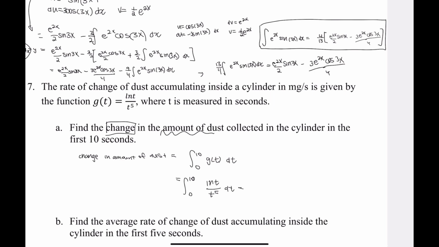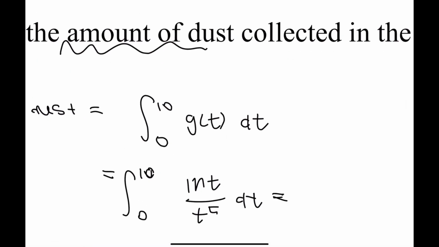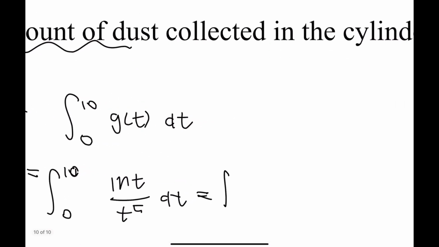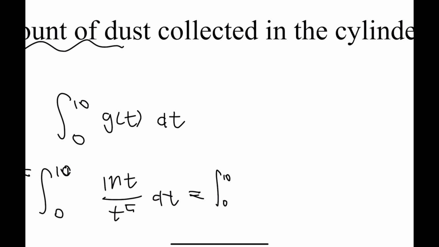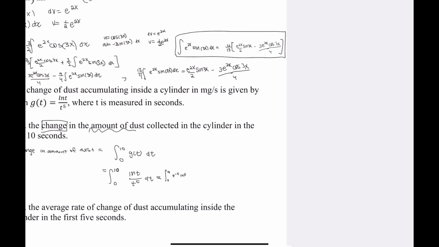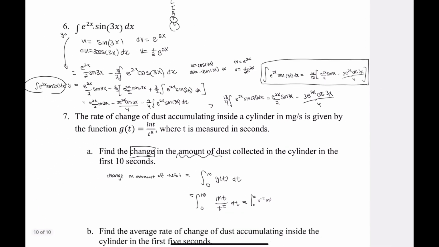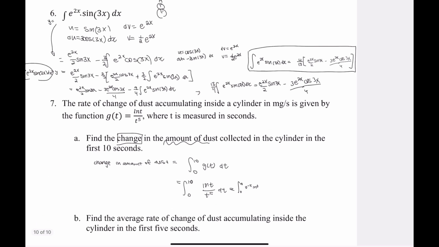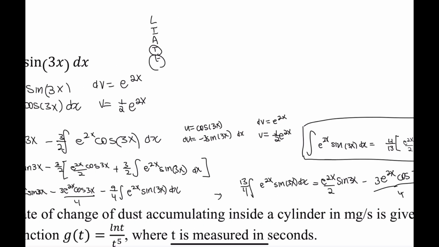So we can simplify this into the integral from 0 to 10 of t to the negative 5th times ln t. And then for this one, we have LIATE, right?